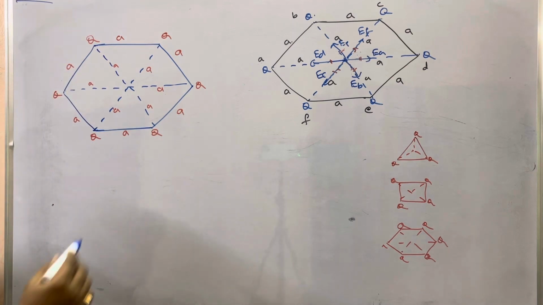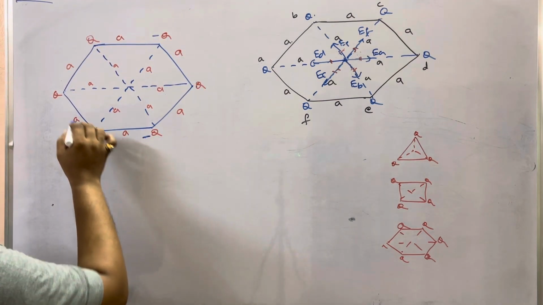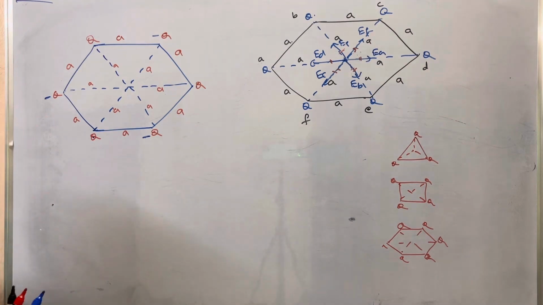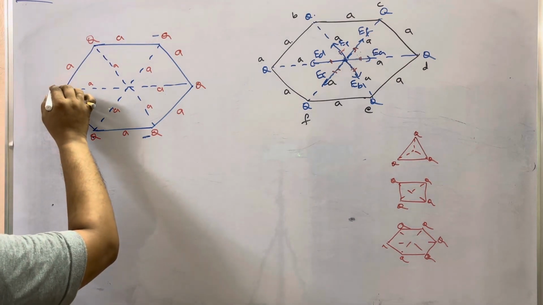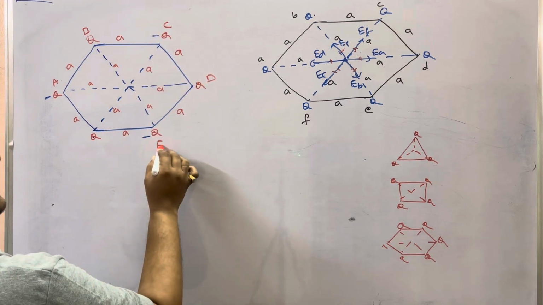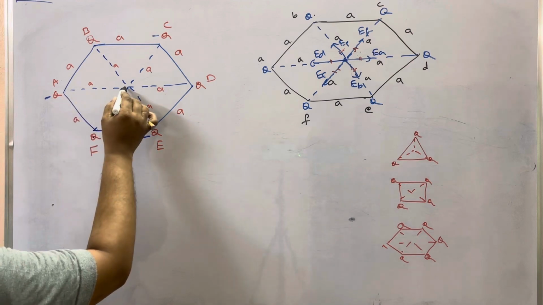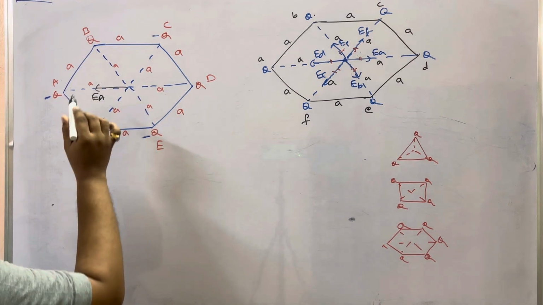So all are positive charges we have taken. Now see, positive, negative, positive, negative, positive, negative. Same ABCD you can take. I am taking now capital letters A, B, C, D, E, F. Now EA, because negative charge, is towards.